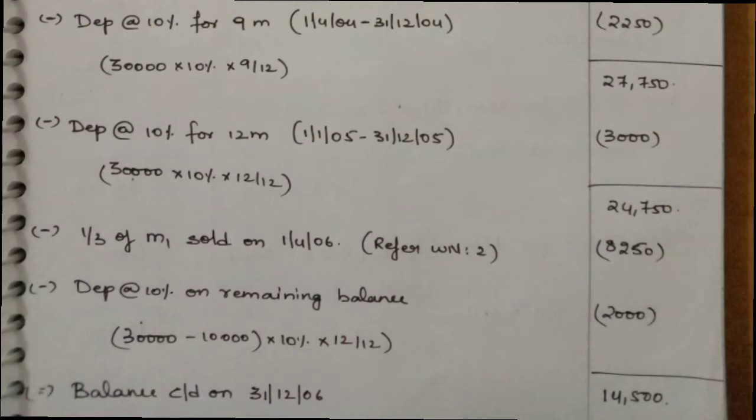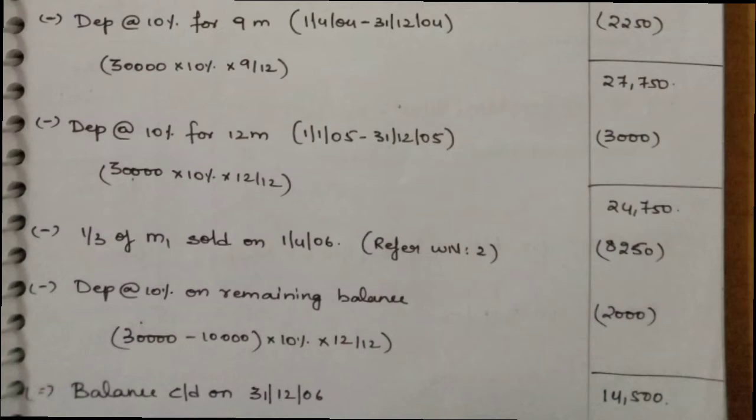And depreciation we need to calculate. For this year, the depreciation on the remaining balance we need to calculate, right? So what is the remaining balance? That is 30,000 minus 10,000. Depreciation we need to calculate on the original cost. So from 30,000 you need to eliminate the original cost only. So 30,000 minus 10,000 is the original cost of the machinery being sold.